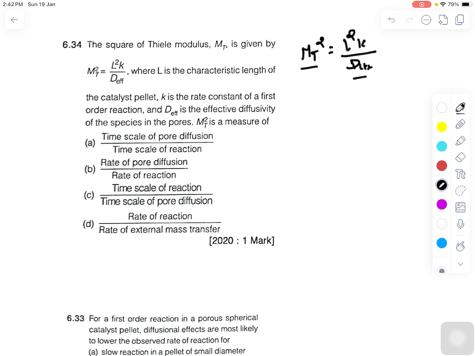So here Thiele modulus MT is directly proportional to what?